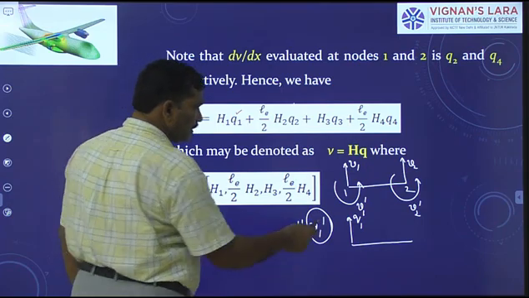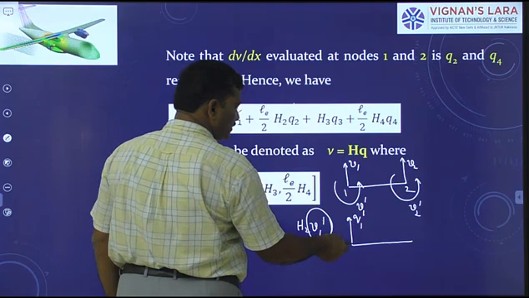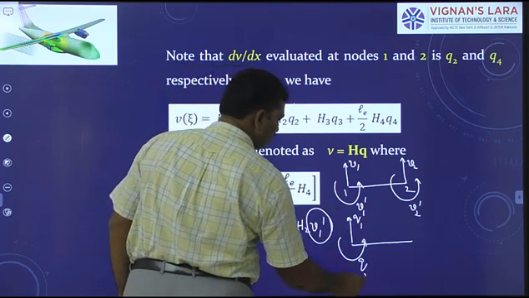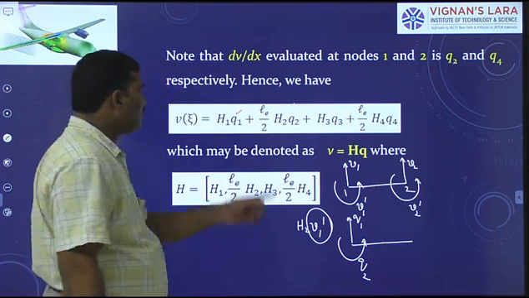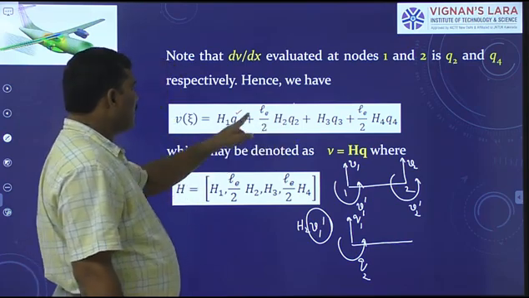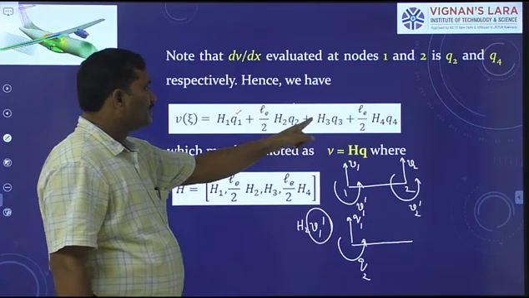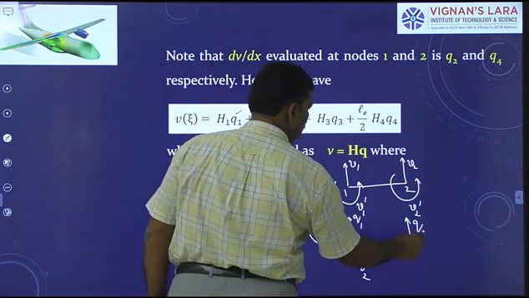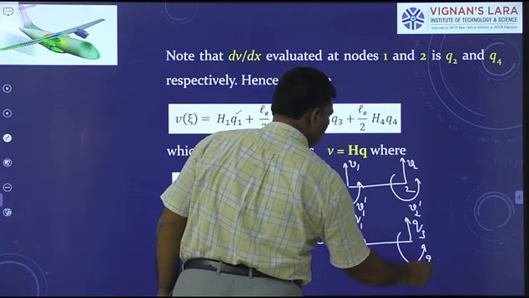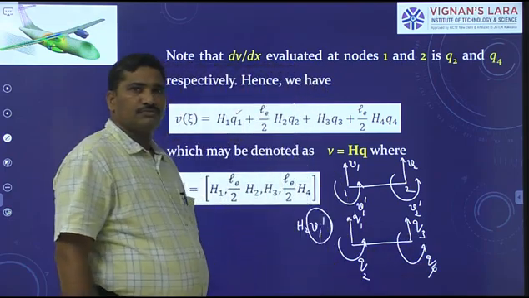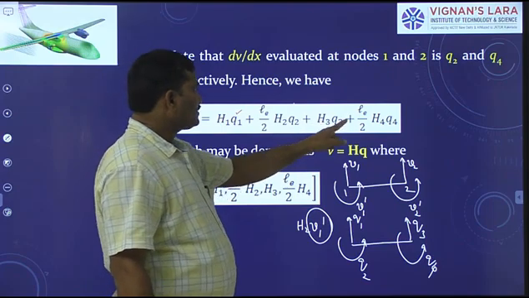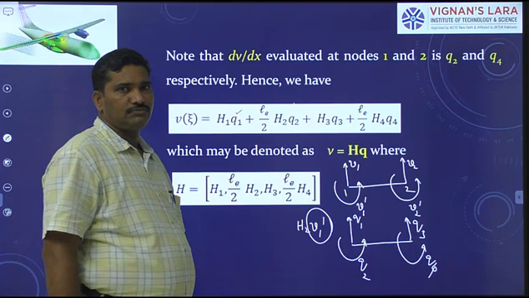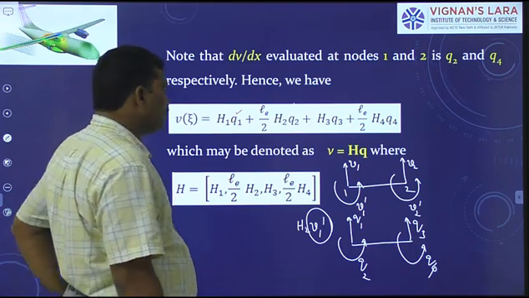I told you, when the first degree of freedom is Q1, the second degree of freedom is Q2 at the same node. Then plus H3 into Q3, and this is Q4, so plus Le by 2 into H4 into Q4.